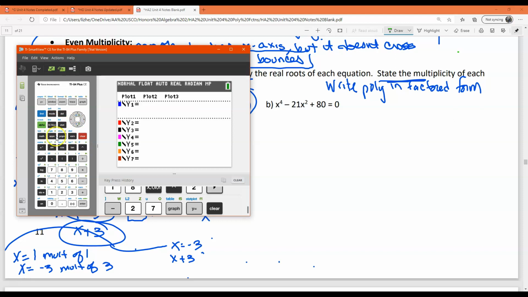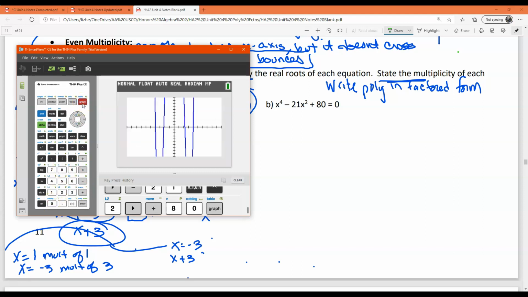So I have x raised to the 4th, minus 21x raised to the 2, plus 80. Graph. Oh my, lots of zeros.